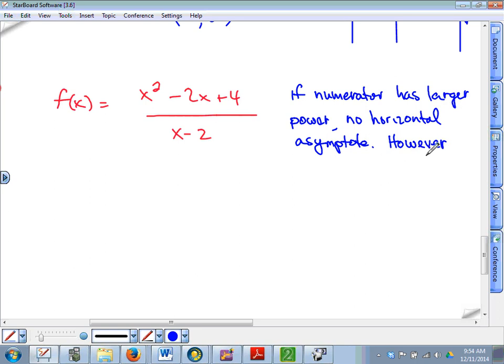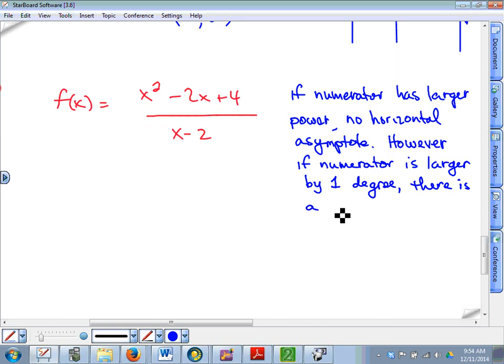Maybe you did. If the numerator is larger by 1 degree, there is a slanted asymptote.